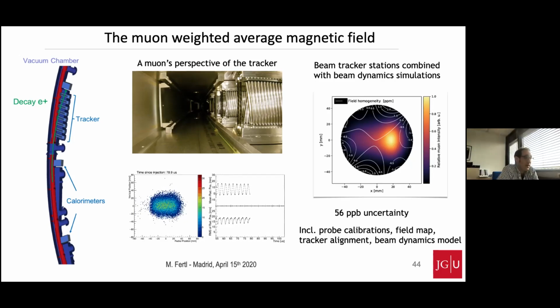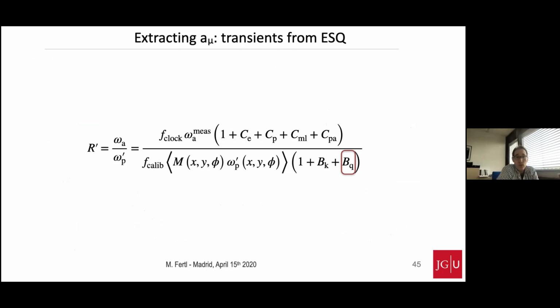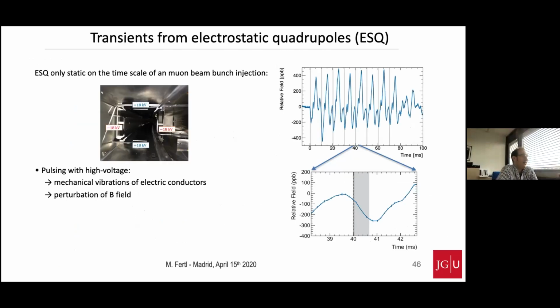The precision magnetic field was affected by 2 systematic effects that are transients and that I just want to discuss here quickly. One is due to the electrostatic kicker quadrupoles, and to clarify the term, these quadrupoles are only static on the timescale of the muon beam being stored in the storage magnet.